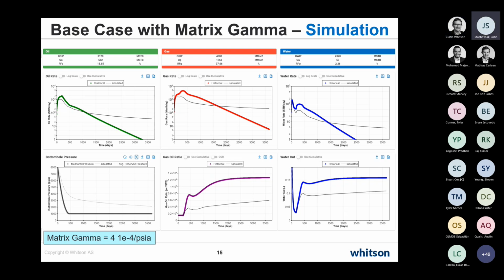Yeah. Specifically, we started off with a value of perm that, once we ended up getting a more core calibrated model, increased by a couple orders of magnitude, and that had a pretty big impact on the GOR behavior.